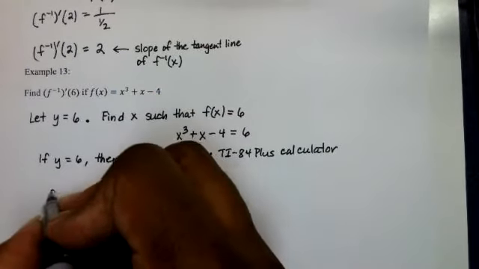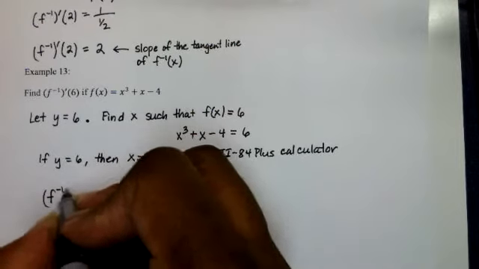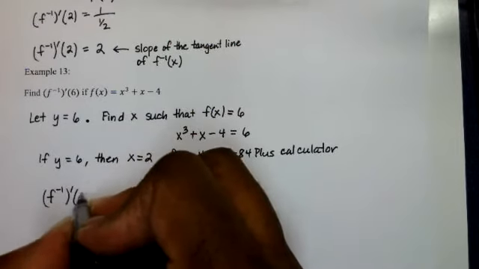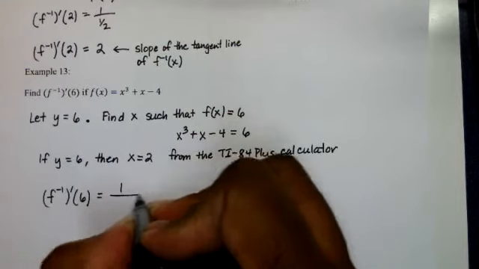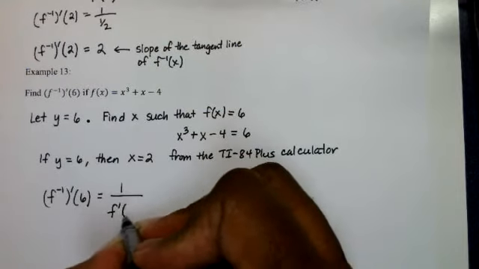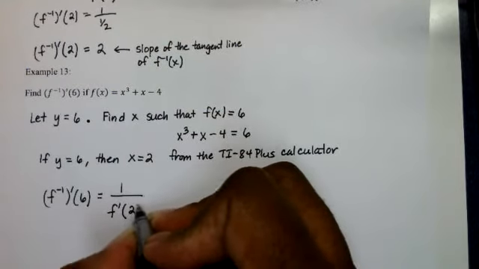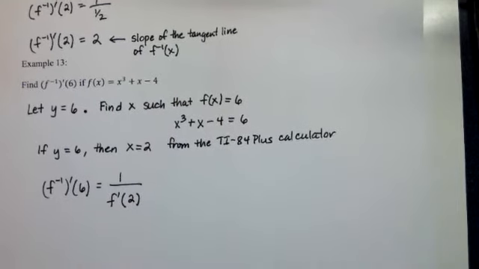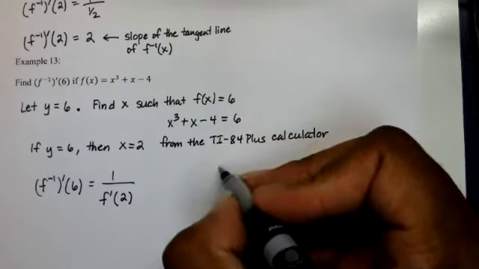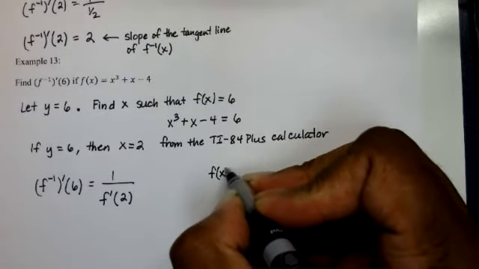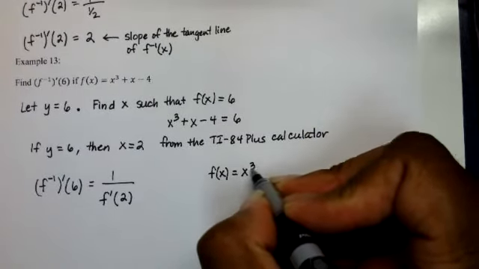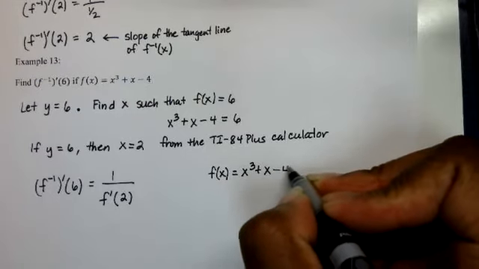So now we can find f inverse prime of 6, which is going to be 1 over f prime of that x value, which is 2. Now let's find the derivative of that function f of x, which is equal to x cubed plus x minus 4.